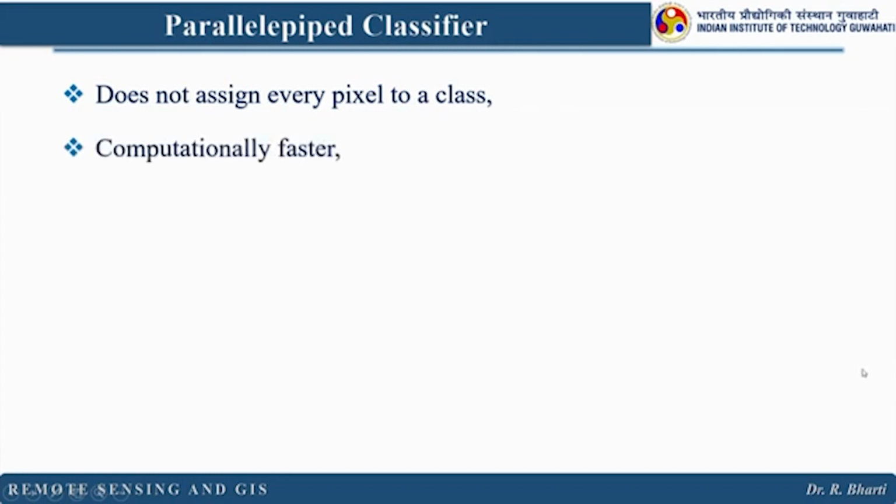It is computationally faster, because once you know the bounding values, it is very easy to check whether a particular unknown pixel is matching that minimum maximum boundary, yes or no, and then immediately you can produce the result.